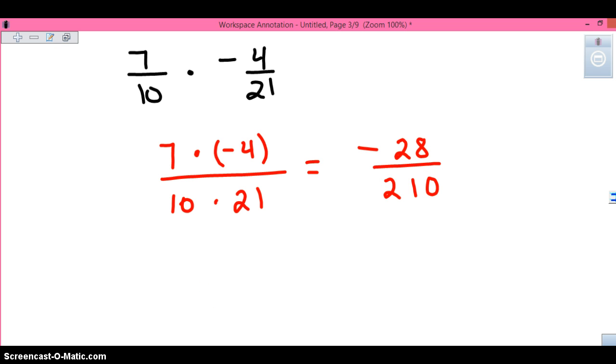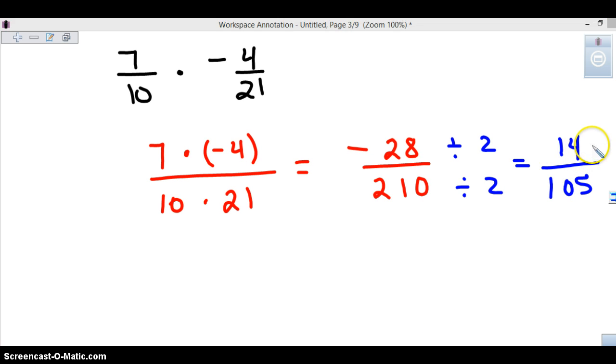And what are 28 and 210 both divisible by? 2. 28 divided by 2 is 14, and 210 divided by 2 is 105.